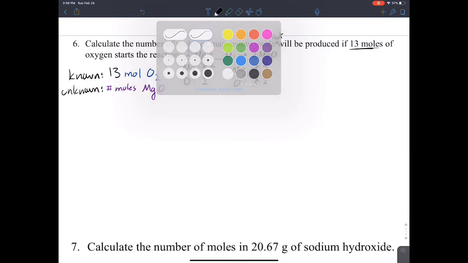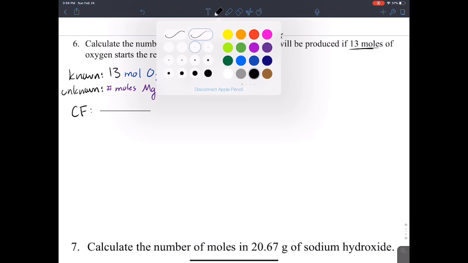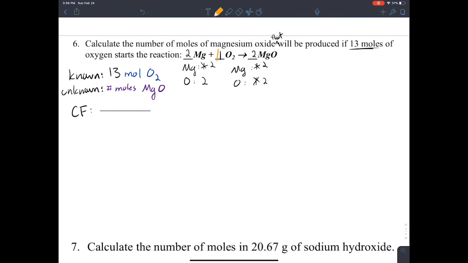Okay, so our conversion factor here, again, is going to be our ratio. We're trying to go from moles of oxygen to moles of magnesium oxide. There's an imaginary 1 here, so we're just looking at our ratio of moles of oxygen to moles of magnesium oxide in this reaction.